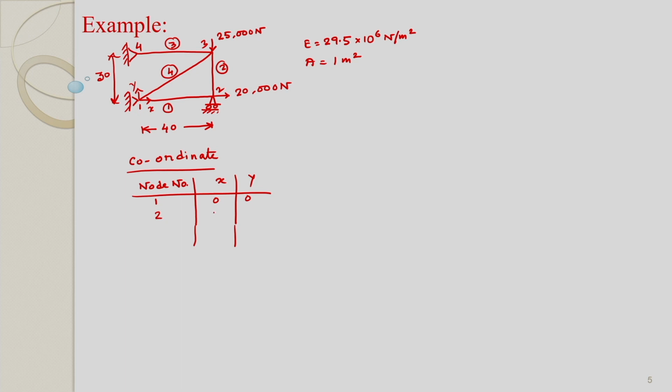So, node 2 is 40 0, so this is your coordinate data. We make another table for element data.